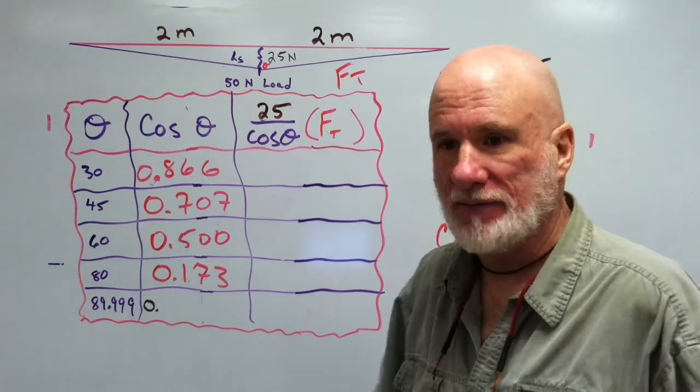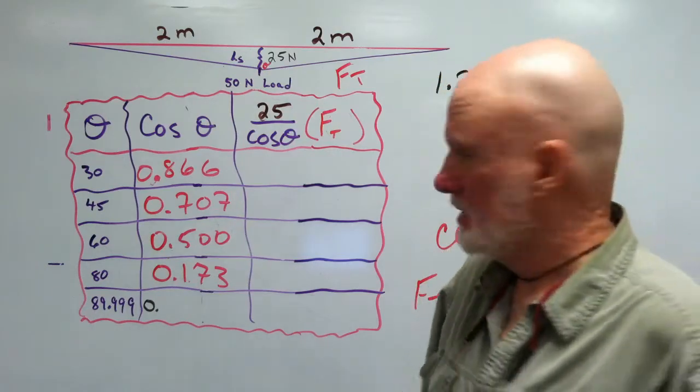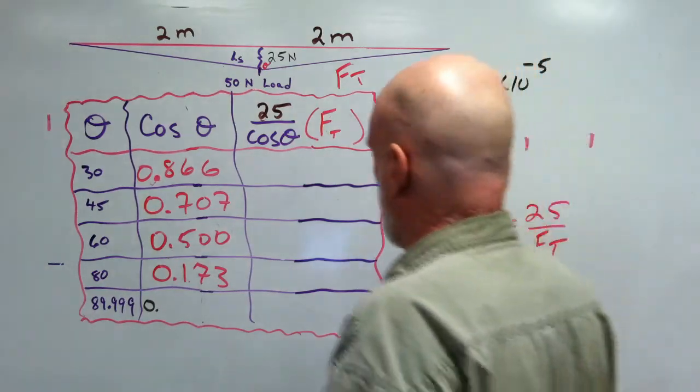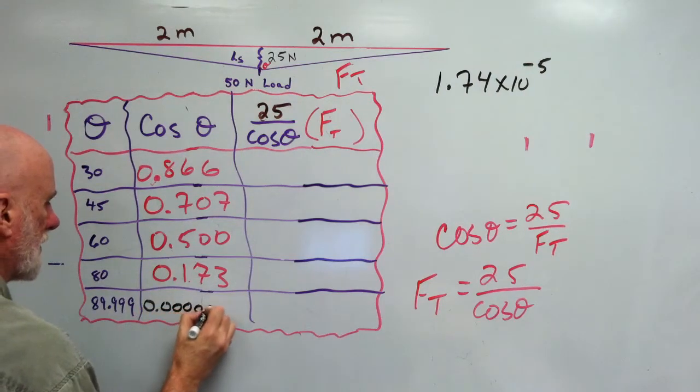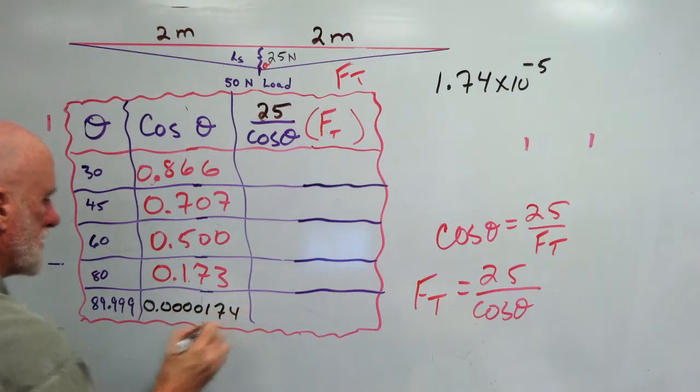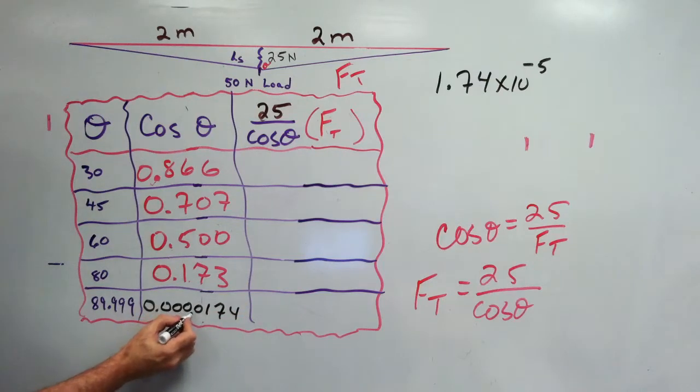Pretty small, don't you think? But take it out of scientific notation. We have to move the decimal point over. So we're going to say 0.0000174. 1, 2, 3, 4, 5. Yeah. Cool?